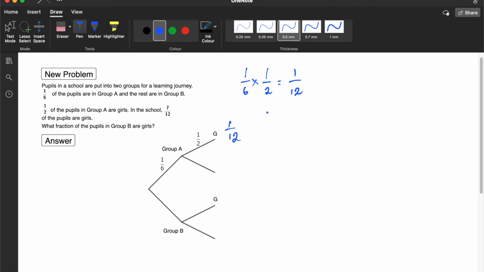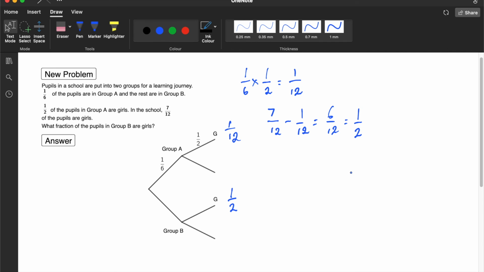So with that information, we can find the fraction of girls coming from group B out of the total number of students. If we take 7 over 12 minus 1 over 12, you're going to get 6 over 12, and that simplifies to half. So it means that this is half.